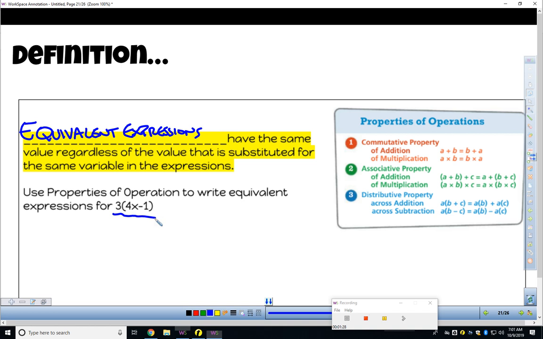I'm going to start with the distributive property. We could distribute this 3 across. 3 times 4x would give me 12x. 3 times 1 would give me 3. These expressions are worth the same.